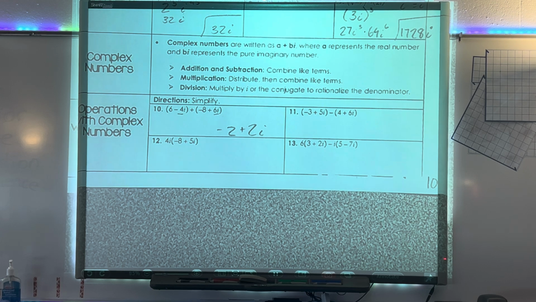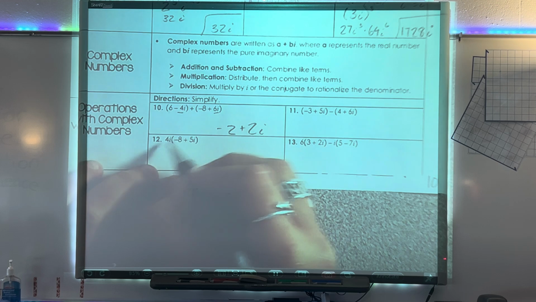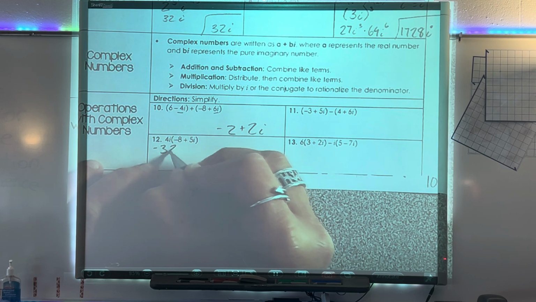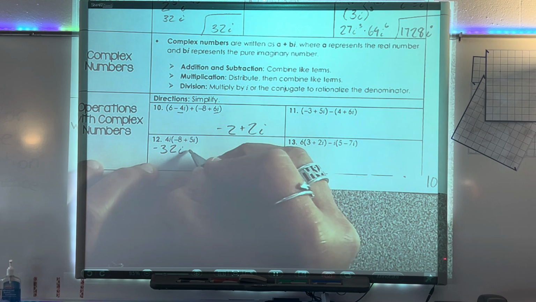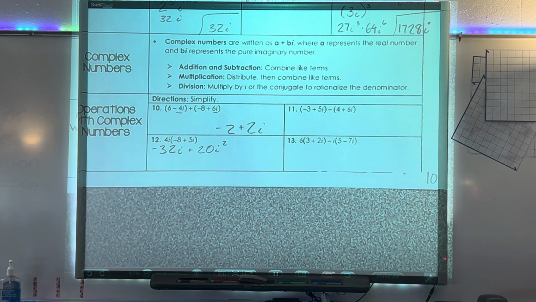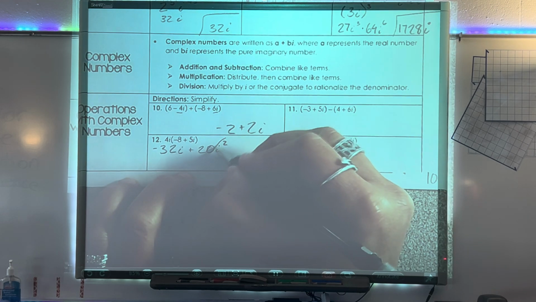So I'm not going to do 11. Are y'all okay if I skip over 11? Okay, so let me come down here and we'll look at this one where we have to multiply. When we multiply this in, we distribute that in, that gives us -32i plus 20i squared. Okay, well remember, I can't leave a power of i.